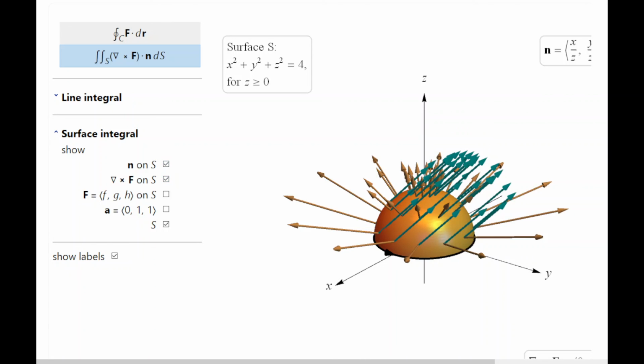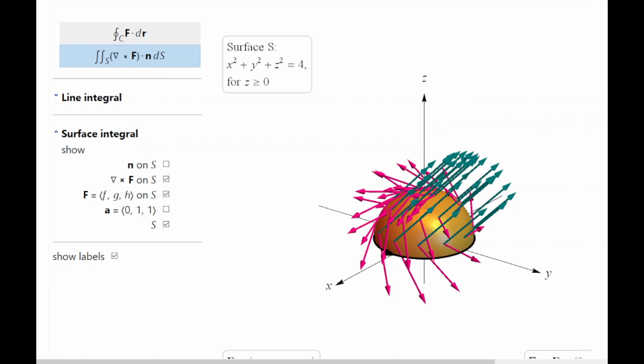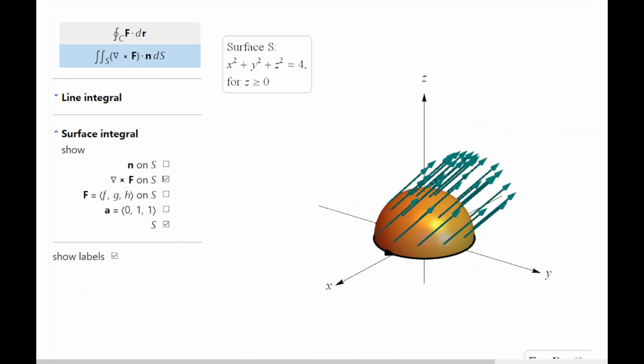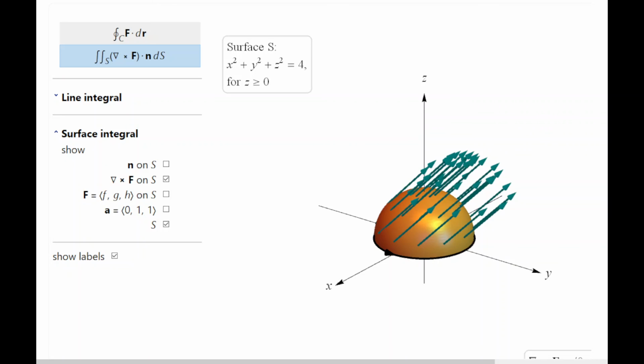So that in turquoise there is the curl of F, which is very different than F, right? Here's F. Here's how F would look, and that's how the curl of F would look. So you could trade the surface vector integral of the curl for the vector line integral at the boundary, one or the other, and we got the same answer either way.